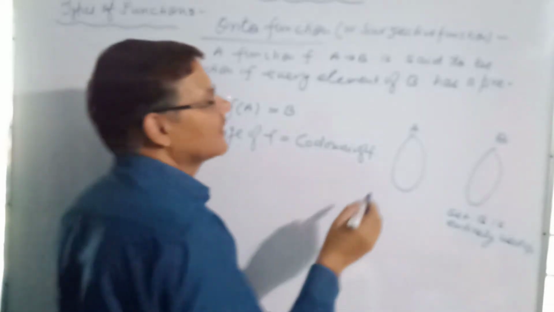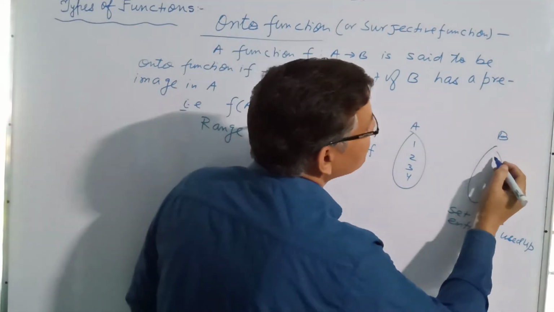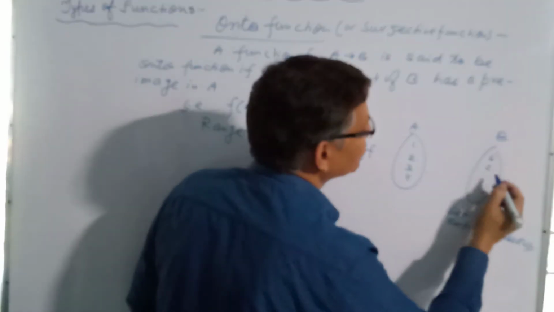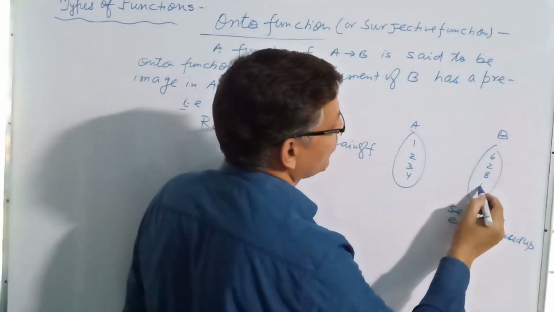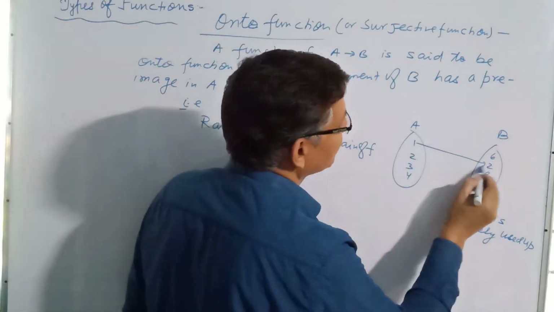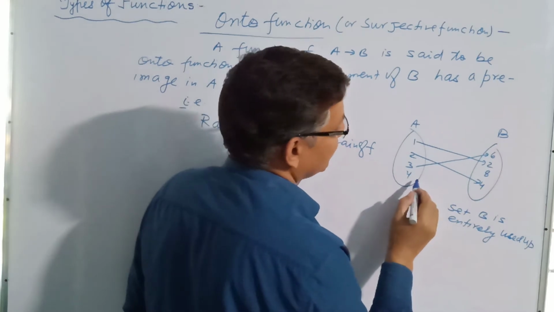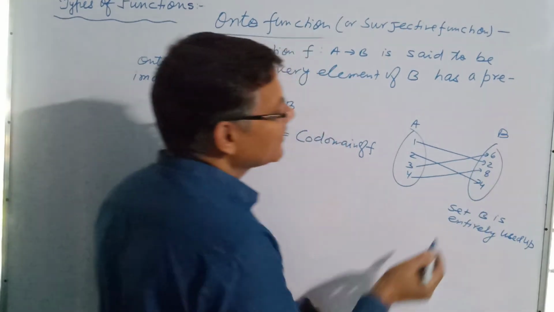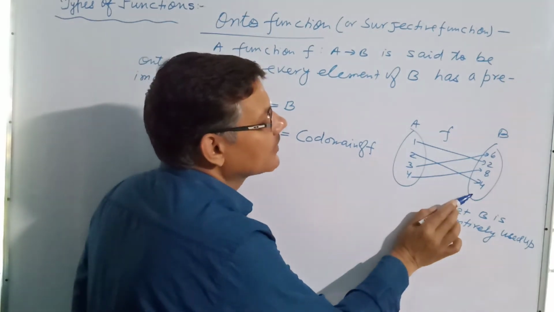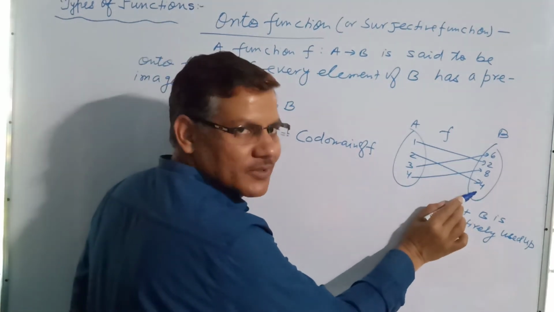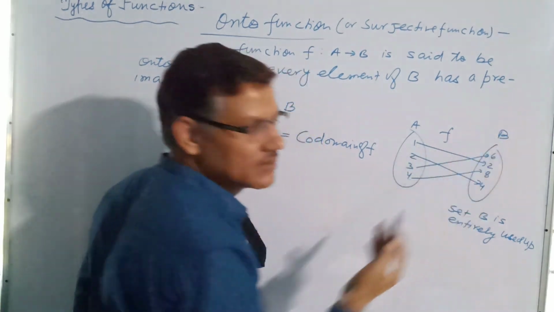It means if here I write 1, 2, 3, 4, and 2, 4, 6, 8, then the image of 1 is 2, 2 is 4, 3 is 6, and so on. So we see here it is a function. No element in B is without a pre-image in A, or we can say its range is equal to the set B.